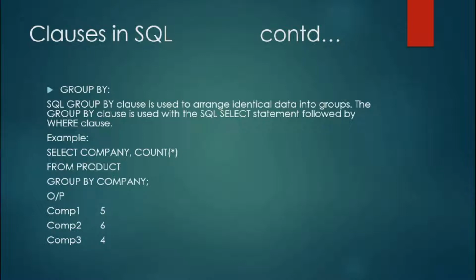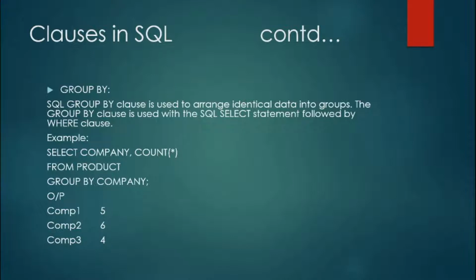Here I have written the query: select company, count of star from product group by company. This query will fetch two columns: the company and the number of rows. Count of star fetches the number of rows present in the table, and product is the table name.